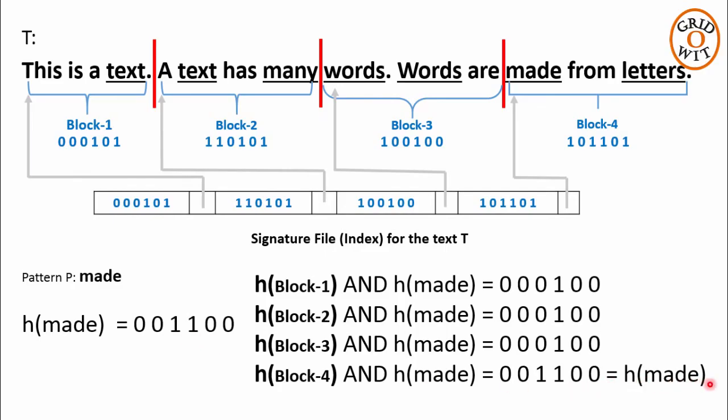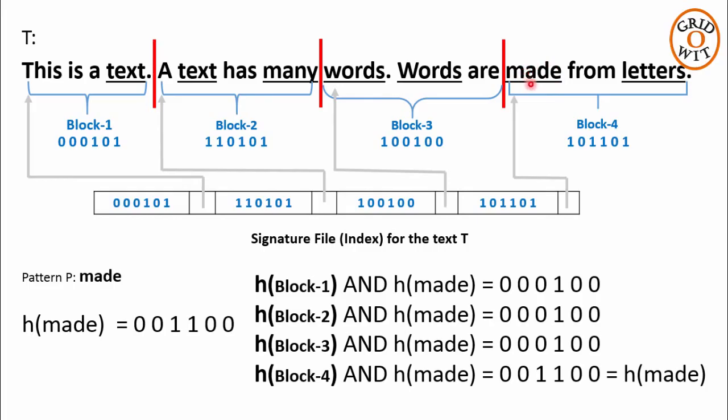So there is a chance that the pattern made might be available in block 4. The next step is to jump to the address of block 4 and start searching in block 4. So immediately we can find that yes, the pattern made is available in block 4.